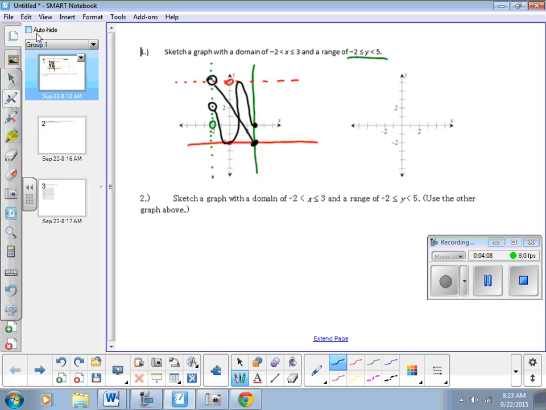So everybody's answer, as long as your graph started on the left, on the dashed line somewhere, and it was an open dot, and as long as your graph went either up or down to those two range values, and somewhere in between there was no gaps. The reason why I say this is because if you would have put a gap here, let's say an open dot right there where it jumps, then it changes the domain and the range of it.